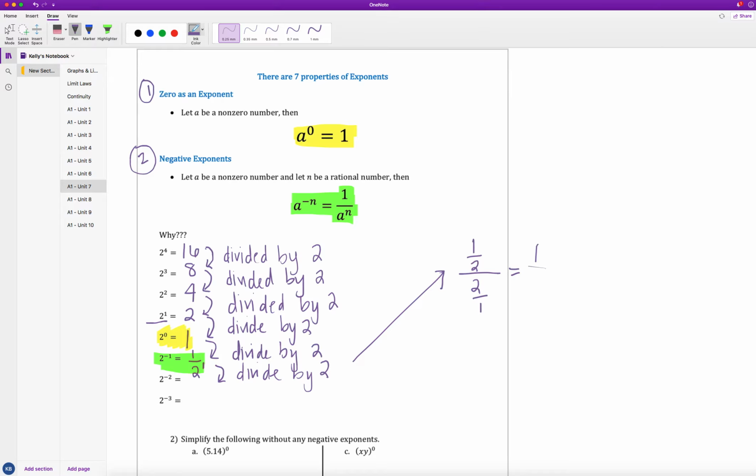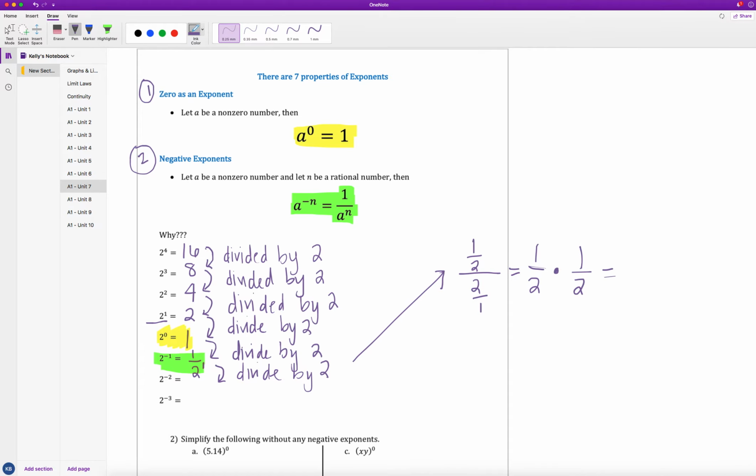So I would keep the numerator, so I'd keep the 1/2 the same. I would change the division to be multiplication, and I would flip the denominator to be 1 over 2. So when I have a fraction divided by a fraction, that's the same thing as multiplying by what we call the reciprocal or the flip of the denominator. Or you can think about it as keep, change the sign, and flip the denominator.